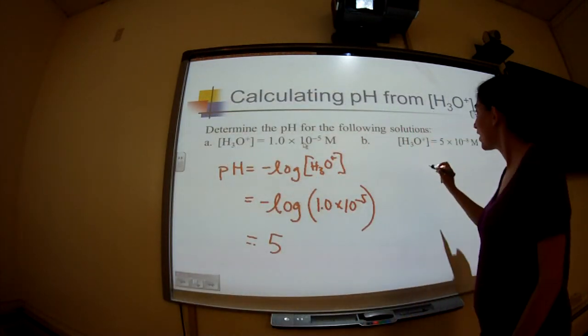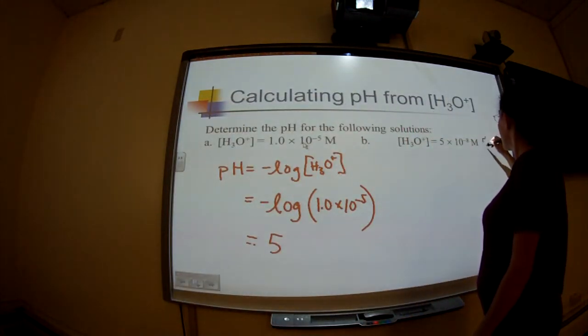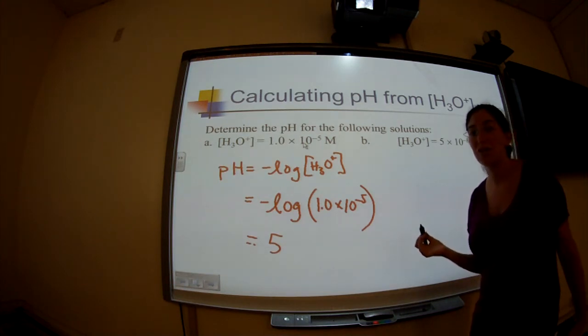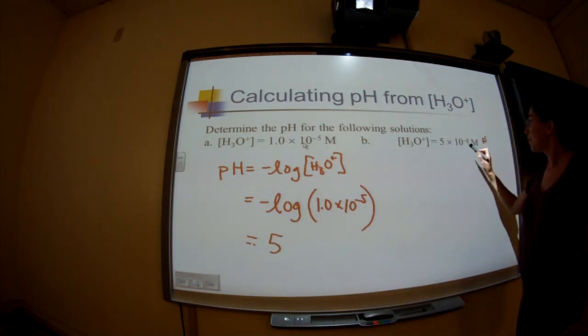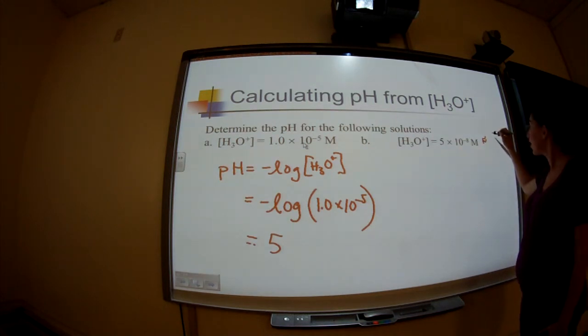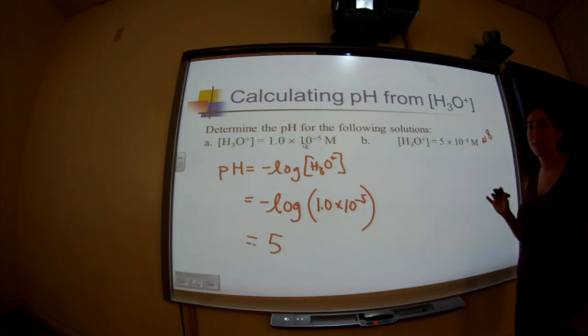So let's go ahead and just guesstimate, first of all, what the pH should be on this problem. If the concentration of hydronium ions is 5 times 10 to the negative 8, then the pH is going to be about 8. I can't remember if it's going to be a little above or a little below.